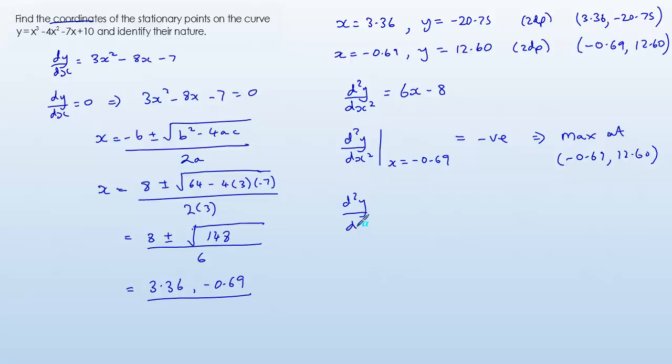And if we evaluate that where x is 3.36, it should be fairly clear that it's going to be positive, and that implies that we have a minimum at 3.36, negative 20.75.